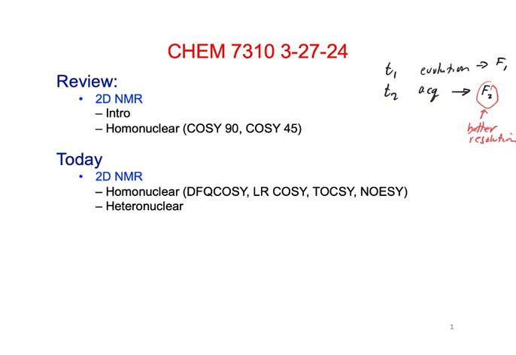Oftentimes what they do, though, is if you do fewer points, you can do this in the first dimension too, but if you have so many points, it comes down like this or something, you can add a bunch of zeros to the end of the FID, and then do the Fourier transform, and it essentially adds more points into the calculation.